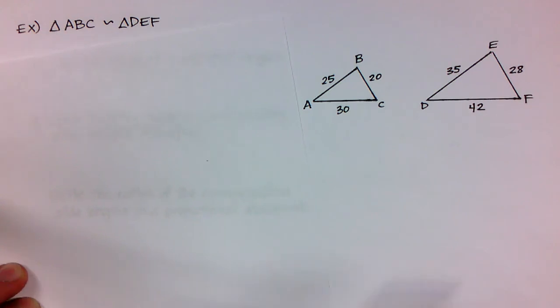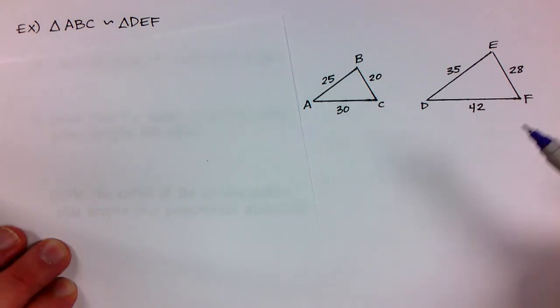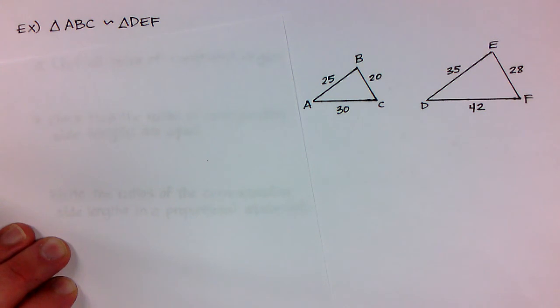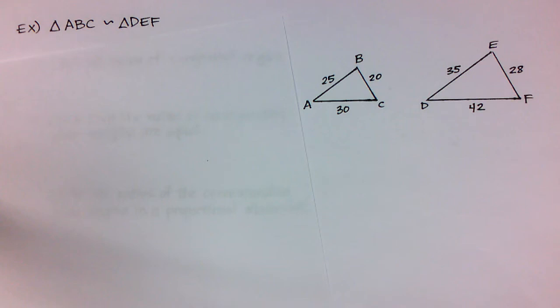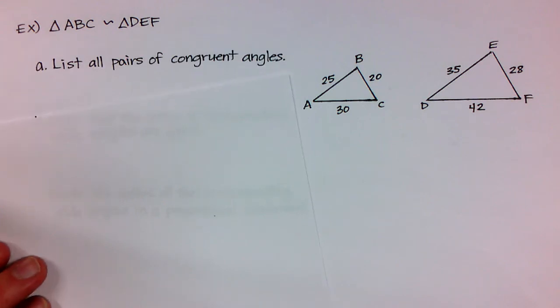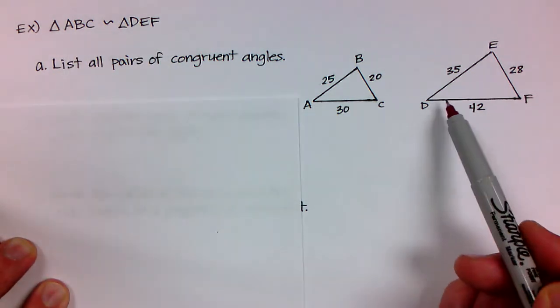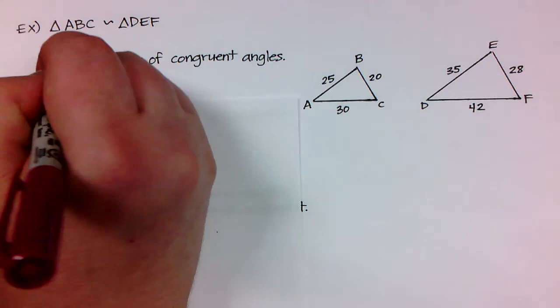You're given that triangle ABC is similar to triangle DEF. And so I want us to do a few things. The first thing that I want us to do is to list all of the pairs of congruent angles. In the order that it's written is the order that you're going to write the angles that are congruent.